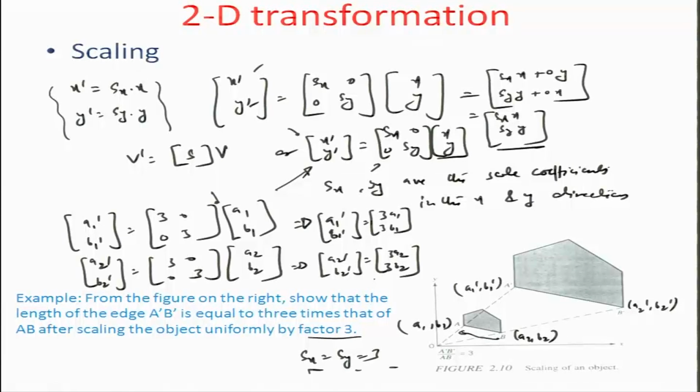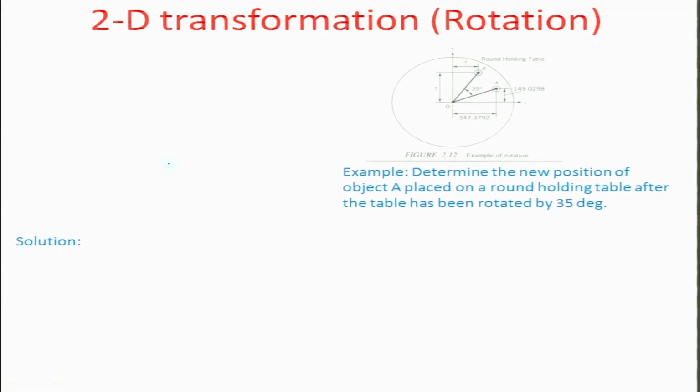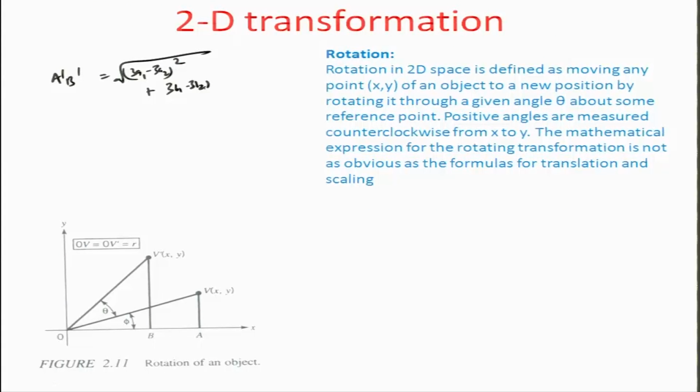If I were to calculate the length in this particular case, the length A dash B dash would actually be equal to the root of (3A1 minus 3A2) square plus (3B1 minus 3B2) square, which is equal to thrice the root of (A1 minus A2) square plus (B1 minus B2) square, which is equal to 3 times AB.